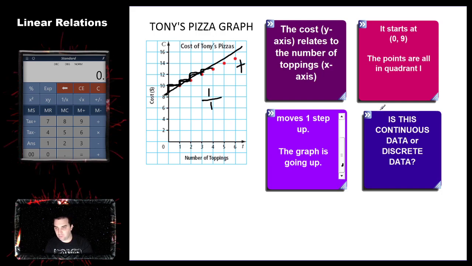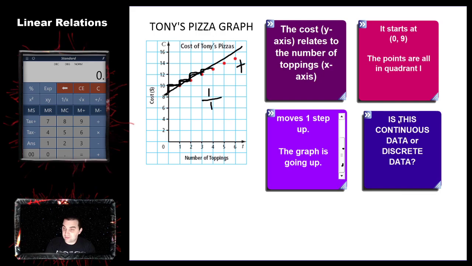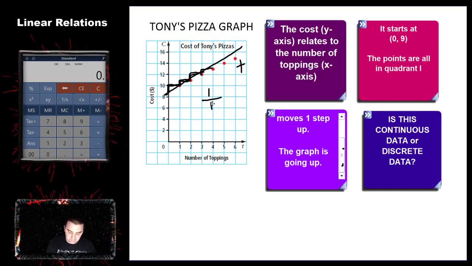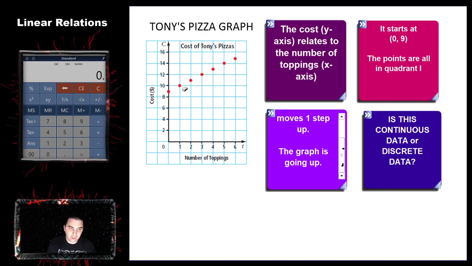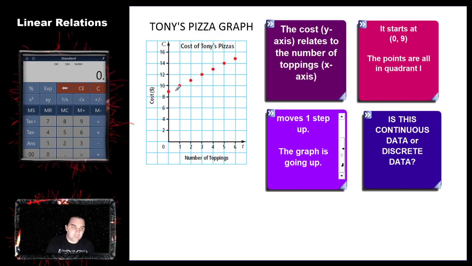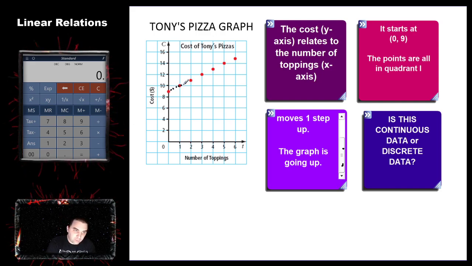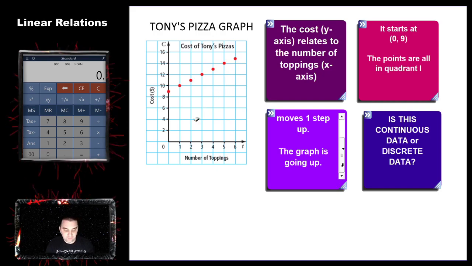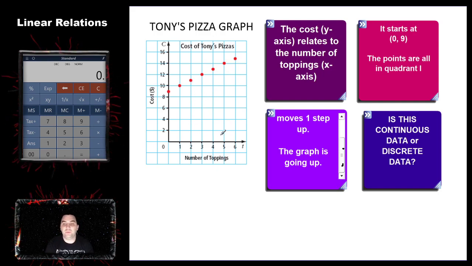Now, the last question is, is this continuous data or discrete data? So, remember that continuous data is where all the numbers in between, all these weird, wacky decimals and all that stuff, if it all makes sense, then it would be continuous data. If it doesn't, if you need exact values, then it would be discrete data.